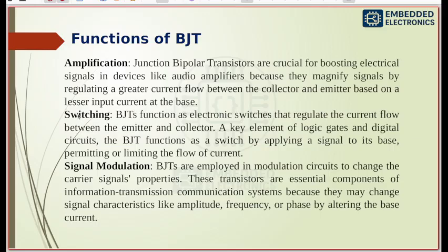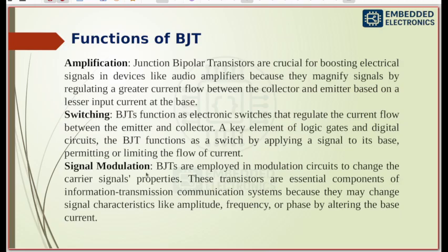We also use it in switching, where it acts as an electronic switch. They regulate the current flow between the emitter and collector. A key element of basic logic gates and digital circuits, the BJT acts as a switch by applying a signal to its base, permitting or limiting the flow of current.